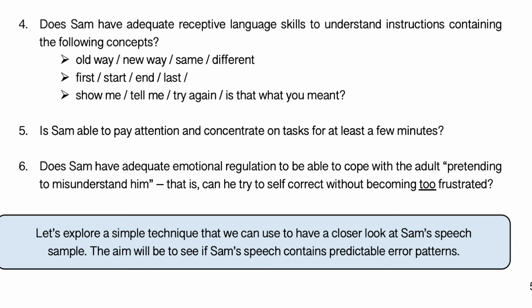So Liesl, if you were going to use this, you'd want to make sure that the concepts of same and different, the way you said it before, those sorts of things. We also tend to use things like first and start, end and last. That might be like the child that says whore for horse.